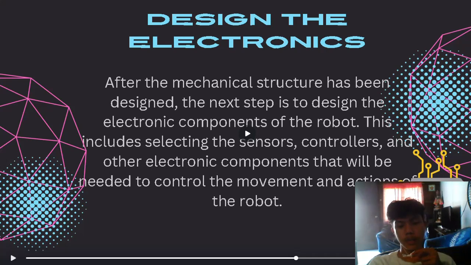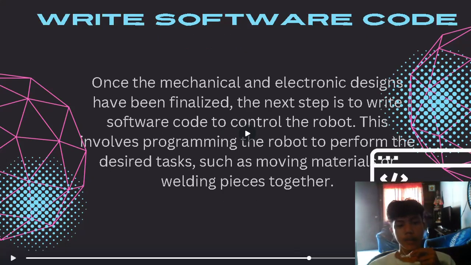The next one is write software code. Once the mechanical and electronic designs have been finalized, the next step is to write software code to control the robot. This involves programming the robot to perform the desired tasks such as moving material or welding pieces together.